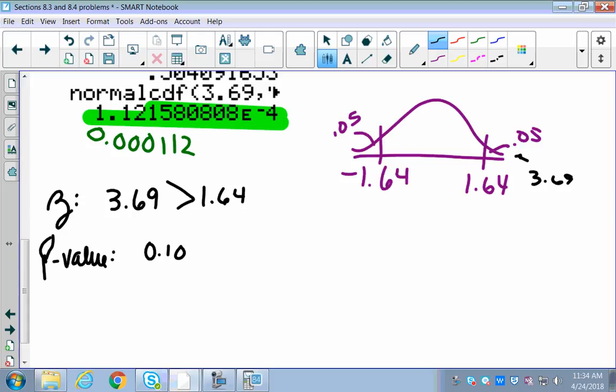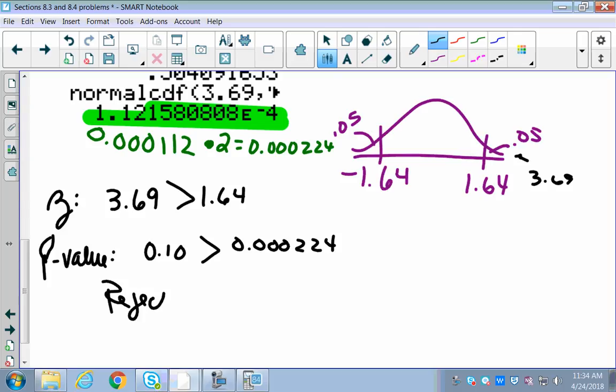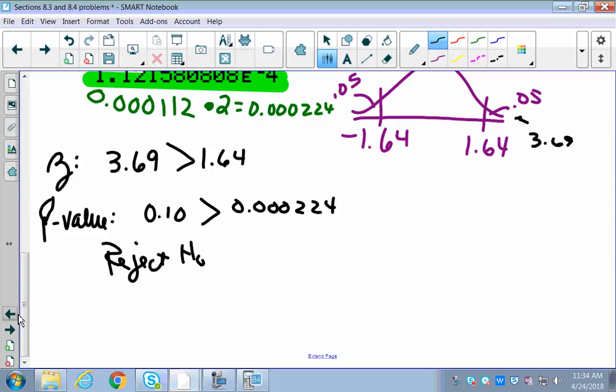Multiply by 2, times 2, which is going to be 0.000224. So I'm going to compare that. And obviously, this is greater than this. So both of them say reject the null hypothesis. Okay?